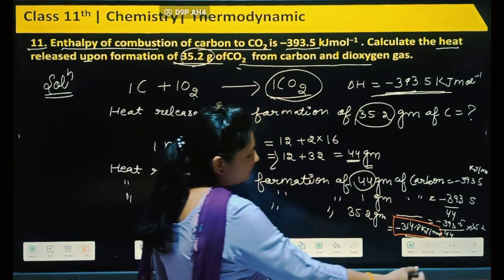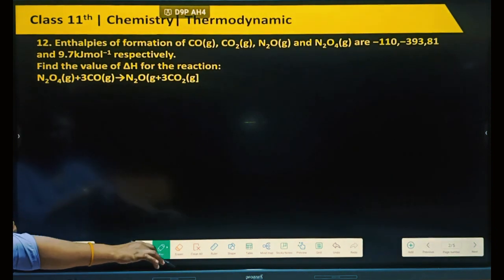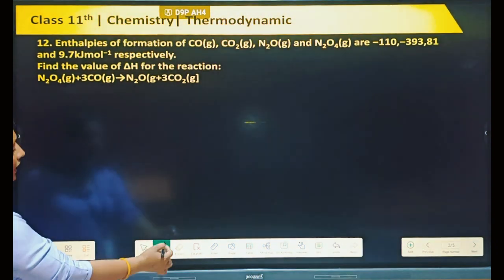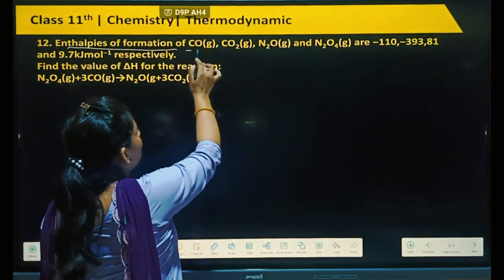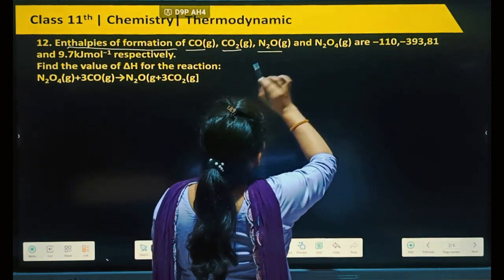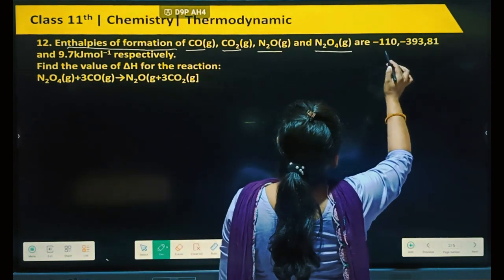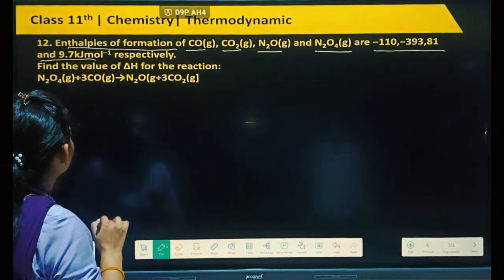Then see question number 12. Here question number 12 is: enthalpy of formation of CO, CO2, N2O and N2O4 are given respectively.